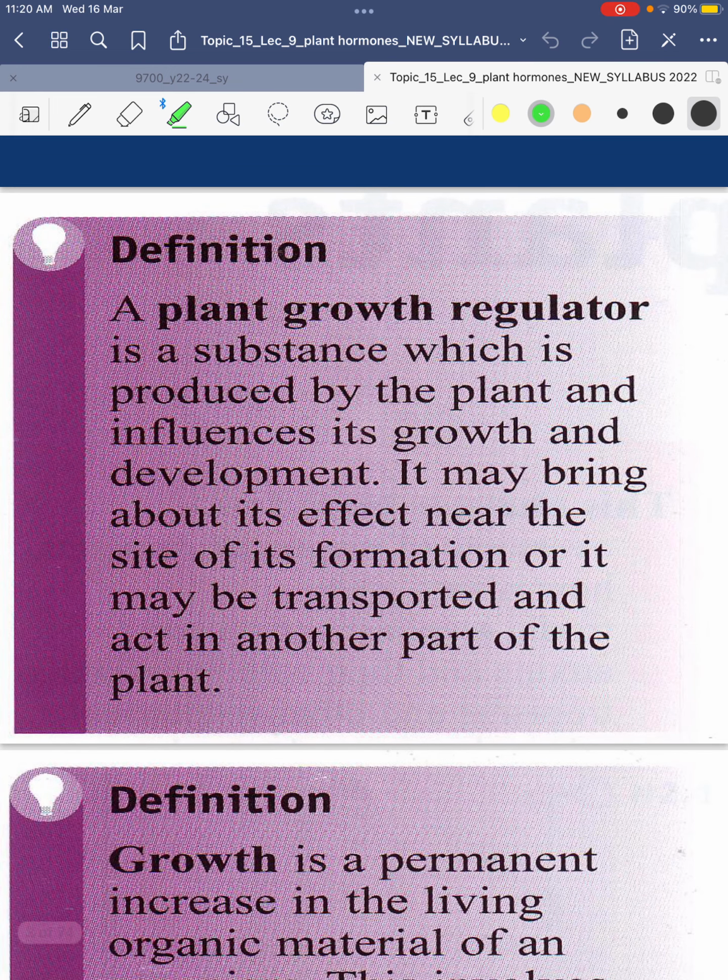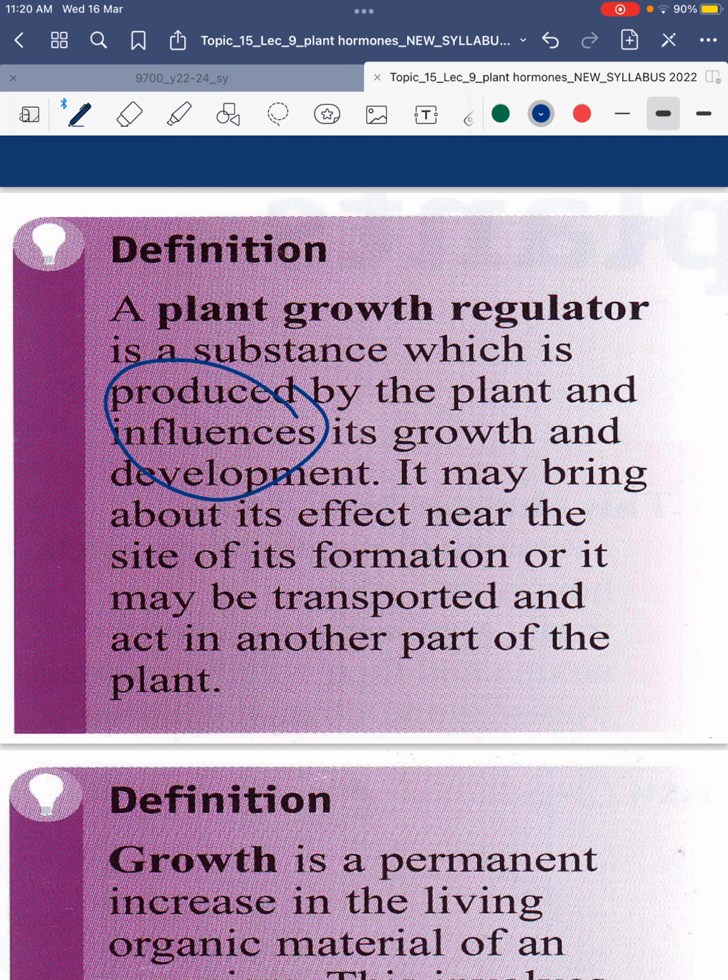So a plant growth regulator is a substance which is produced by the plant and influences growth. Okay, influences growth. So the term that is being used here is influences. So it can promote, it can also prevent. So it actually depends. Okay, influences growth and development.